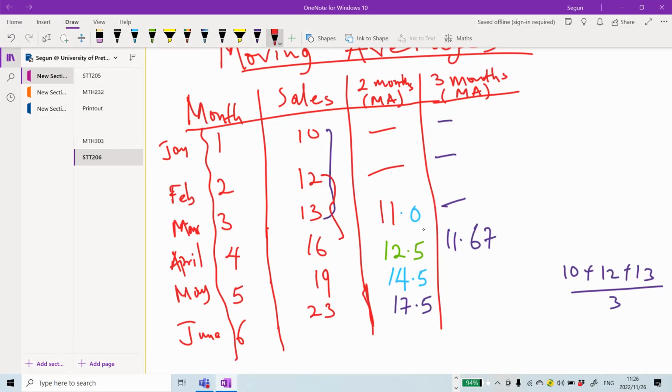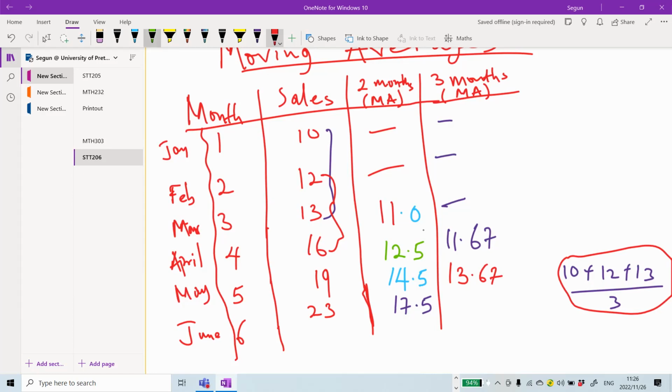So 12 plus 13 plus 16 is 41. The answer is 13.67. So how do we now arrive to the last one?